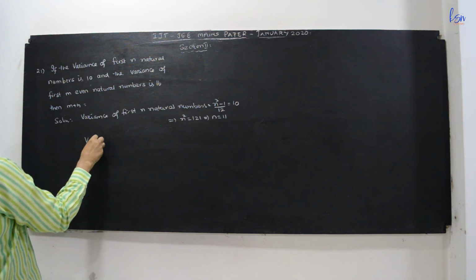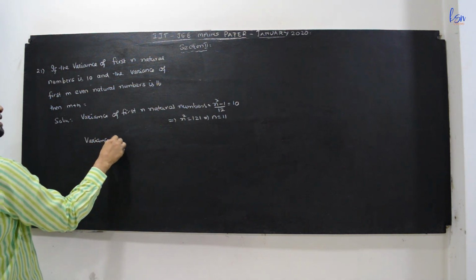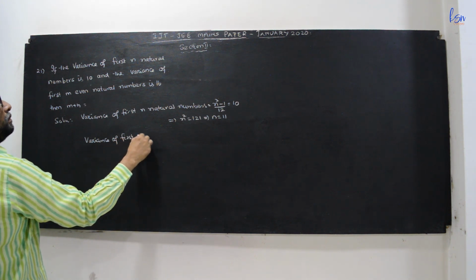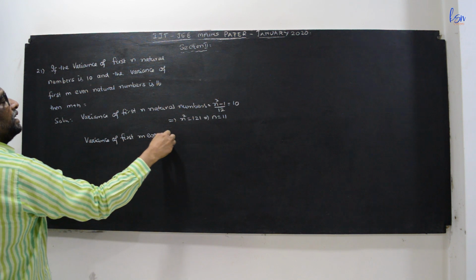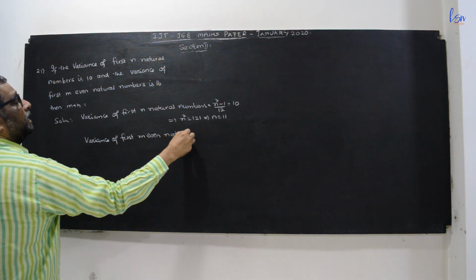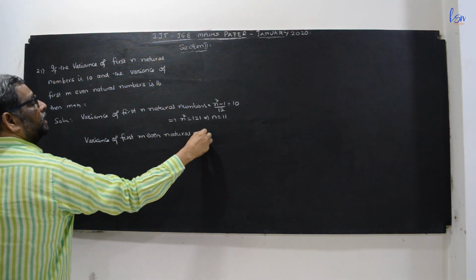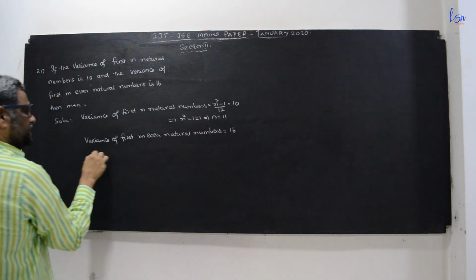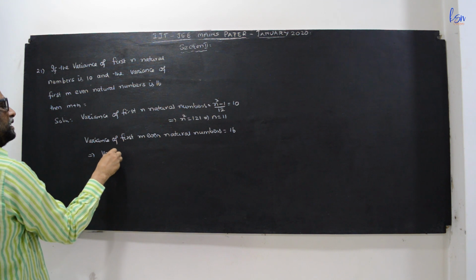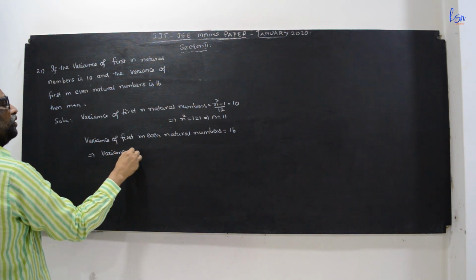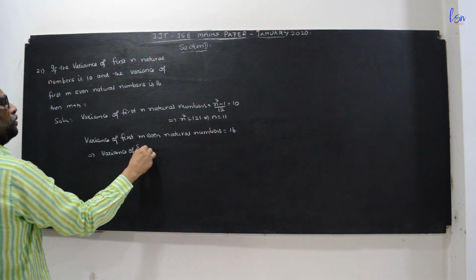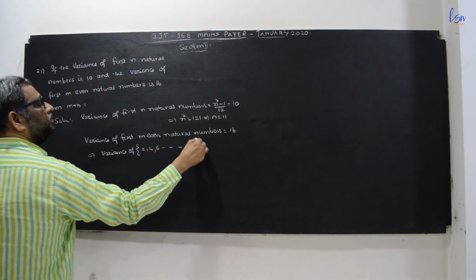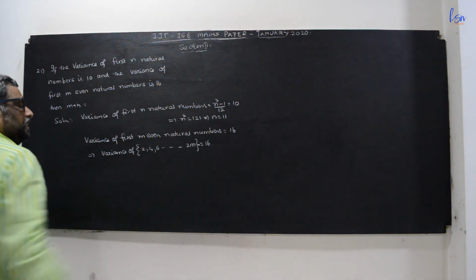So variance of the first m even natural numbers is equal to 16. That is variance of 2, 4, 6 and so on up to 2m is equal to 16.